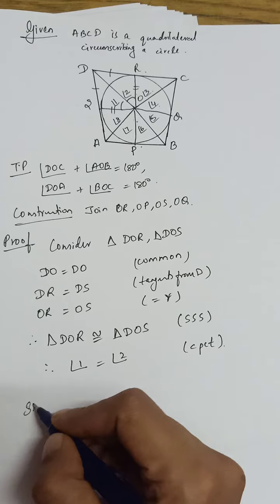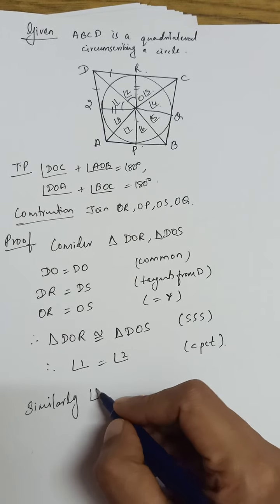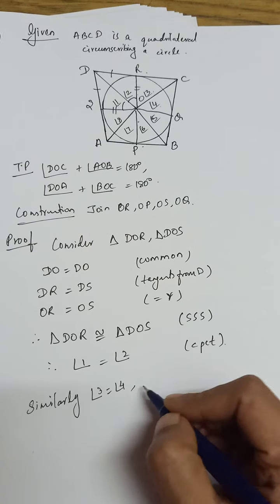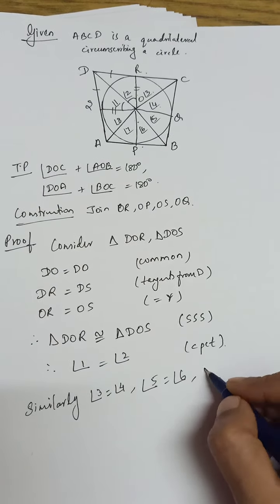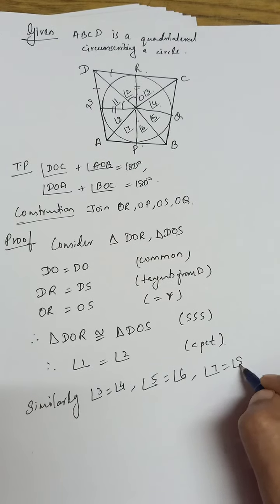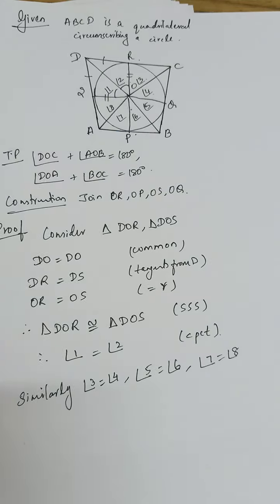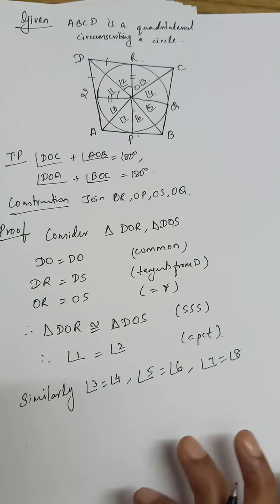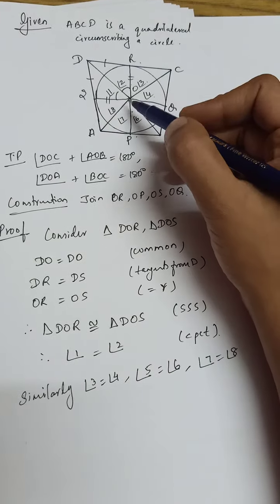Similarly, angle 3 equal to angle 4, angle 5 equal to angle 6 and angle 7 equal to angle 8. If we prove the corresponding triangles are congruent, we will be getting this, but we won't do it because that is repeated.